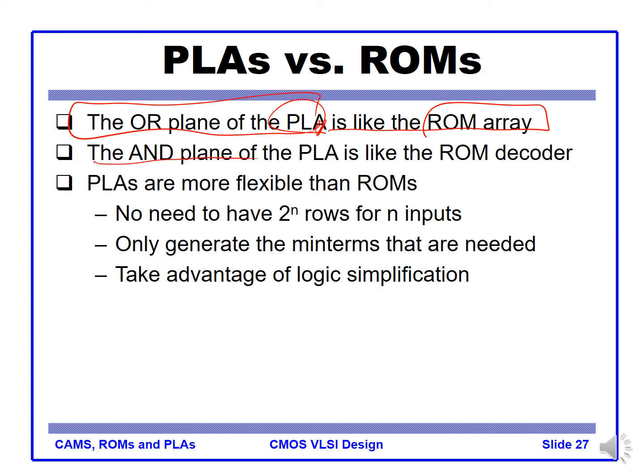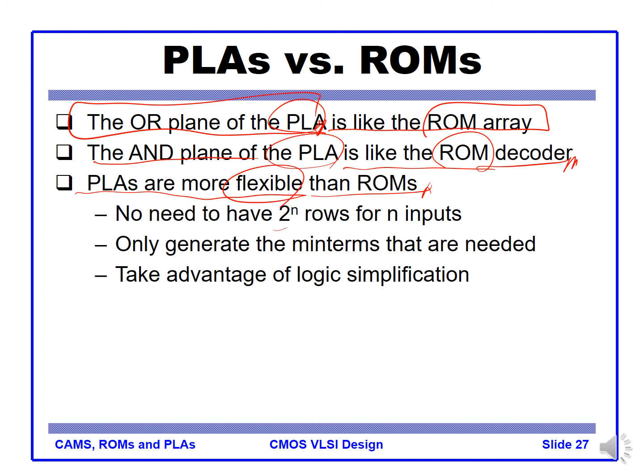So the AND plane of the PLA is like a ROM decoder and ROM. So those PLAs and ROMs look very similar, but PLAs are more flexible than ROM because of the following reason.